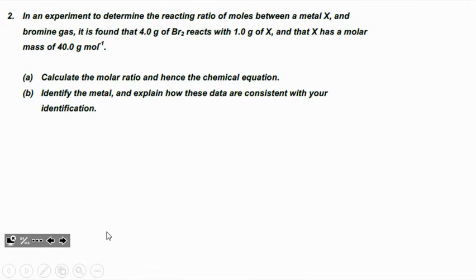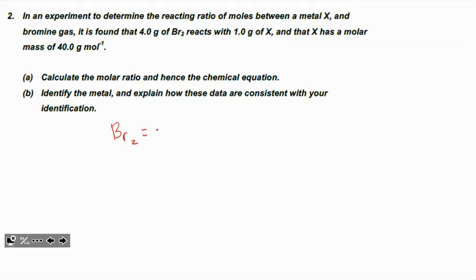Okay, let's look at our next problem here. In this experiment, we're reacting a ratio of moles between metal X and bromine. It's found that 4 grams of bromine react with 1 gram of X, and the X has a molar mass of 40. Calculate the molar ratio and the chemical equation then. So when we do that, we've got our bromine here.